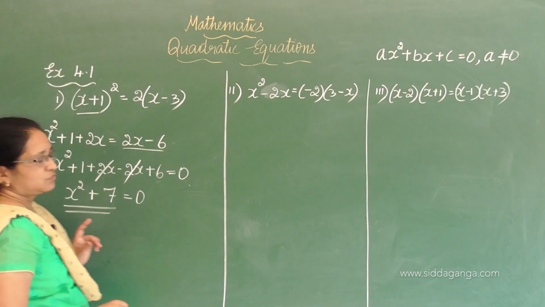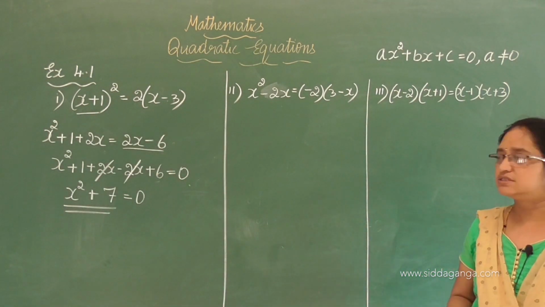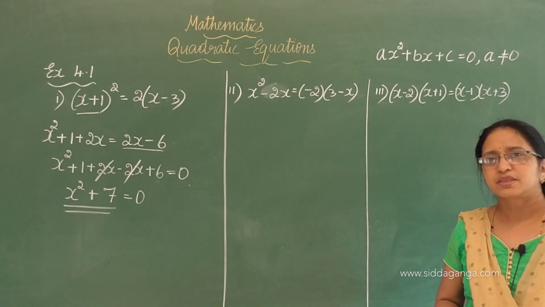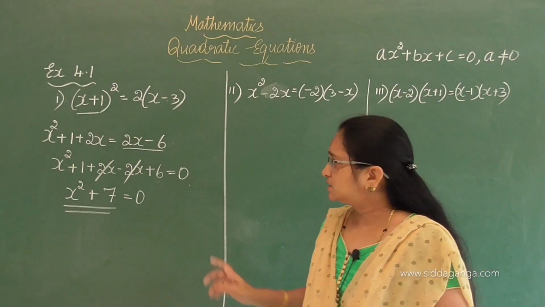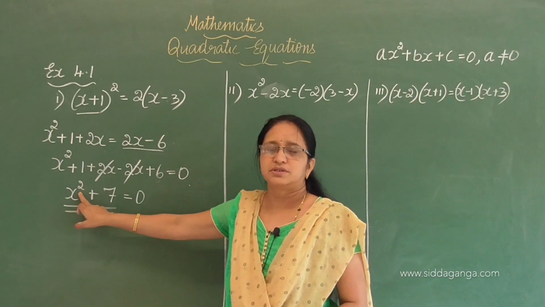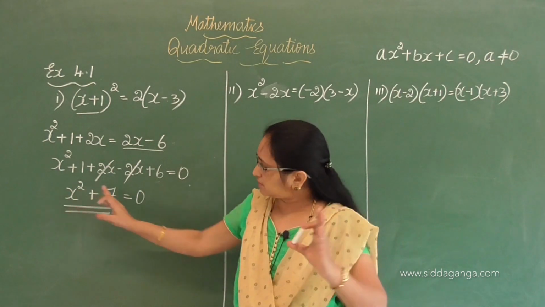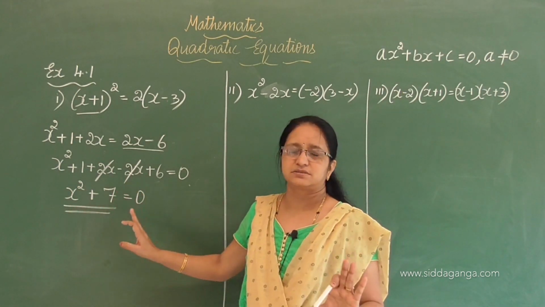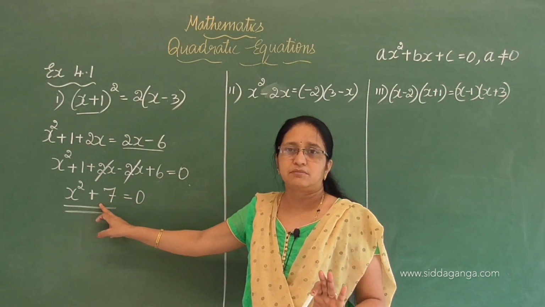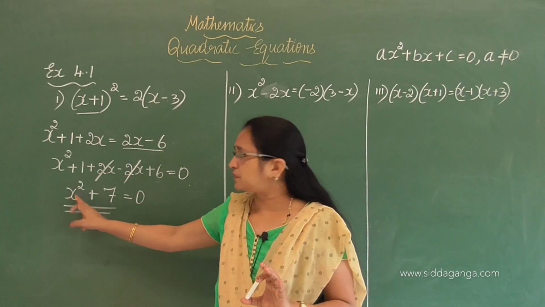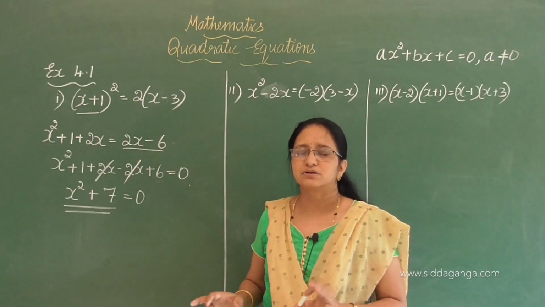Now will you identify whether it is quadratic equation or not? Is it quadratic equation? Yes, it is a quadratic equation. Why? Because just see the highest power of this equation is 2. So we are not bothered about the x power. Means your x term is not there, but your x square is there. So we can come to the conclusion that it is a quadratic form.